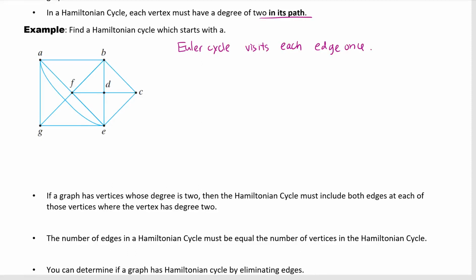Then the Hamiltonian cycle visits each vertex once, except for the beginning and the ending vertex.